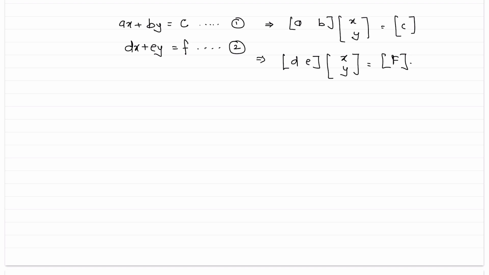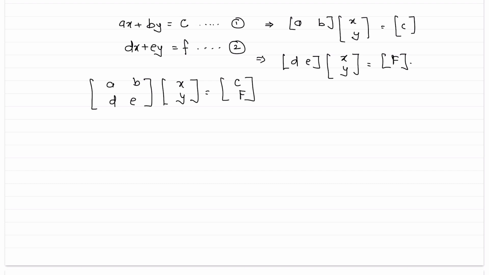Then how to find that? Let us write in the 2 by 2 matrix form, AB, DE, times XY is equal to CF.